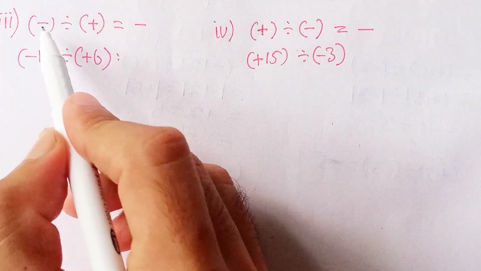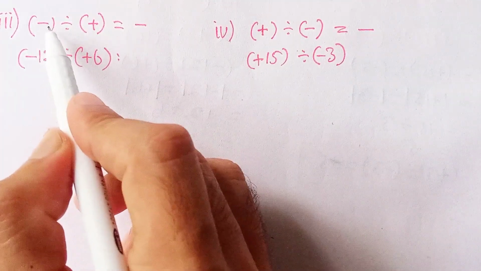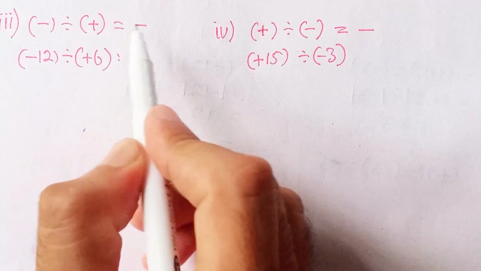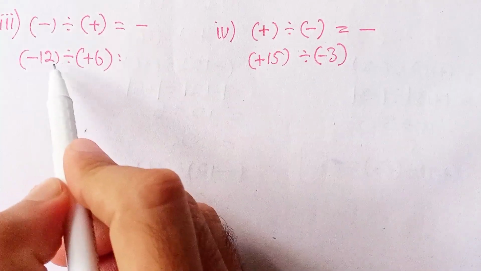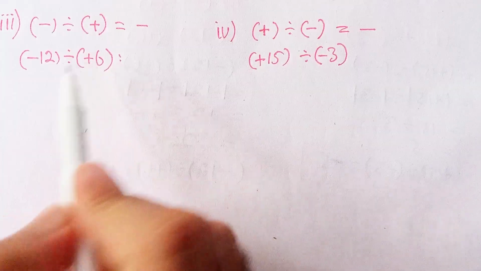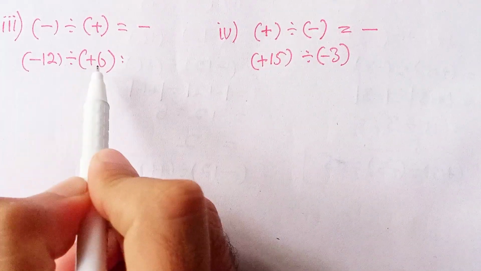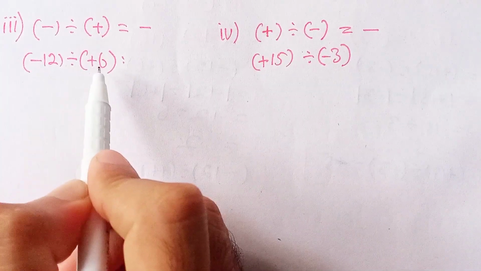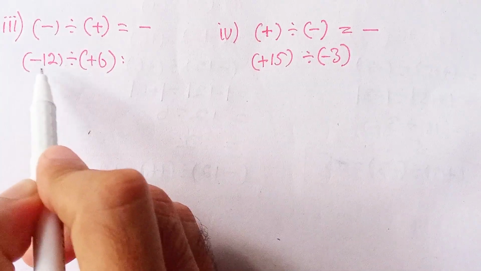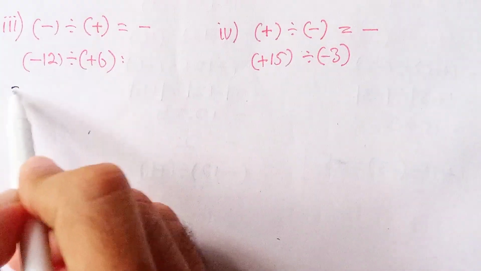Now we are going to divide a negative integer by a positive integer. Whenever we are dividing a negative integer by a positive integer, the quotient will be a negative integer. For example, negative 12 divided by positive 6. To divide negative 12 by positive 6, we will divide the absolute value of negative 12 by the absolute value of positive 6.